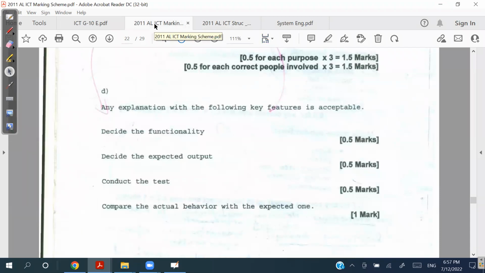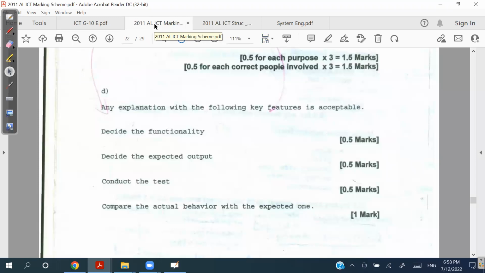So the input is going to be the particular number which you need to get connected, and the output is going to be, once the number is dialed, that particular other phone should ring or should be connected, right?